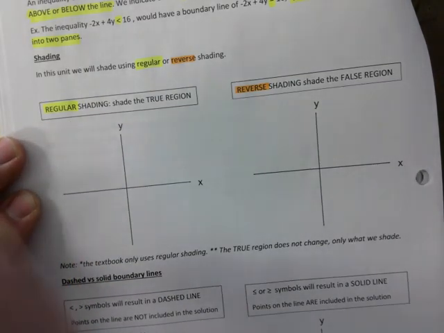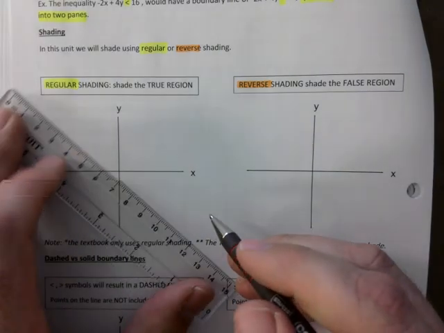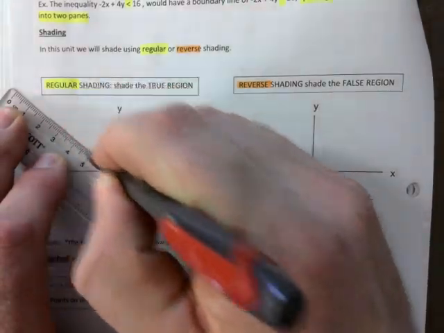Okay. So here's where you need a ruler perhaps. So let's say we have this boundary line that looks like this.